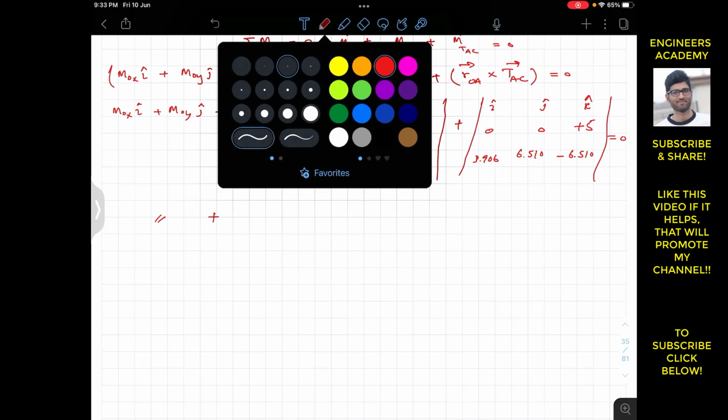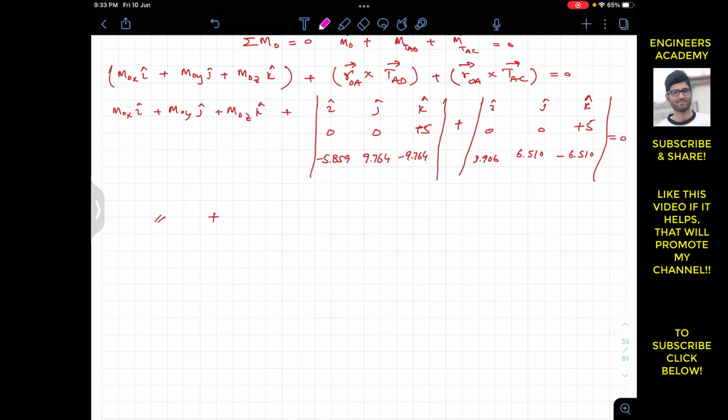Now let's find all these. So first of all we will have this, plus i, and this minus this. So this is minus 5 into 9.764, and then we will have this for j, and with j we need to write minus.